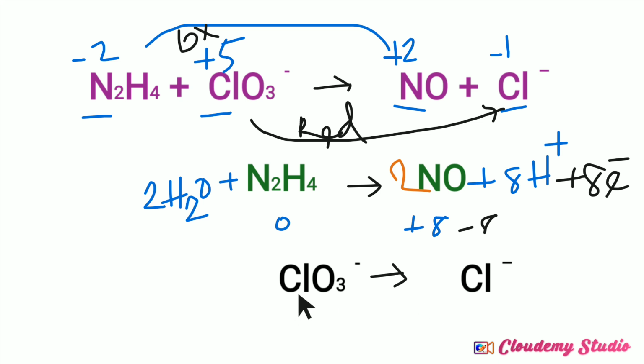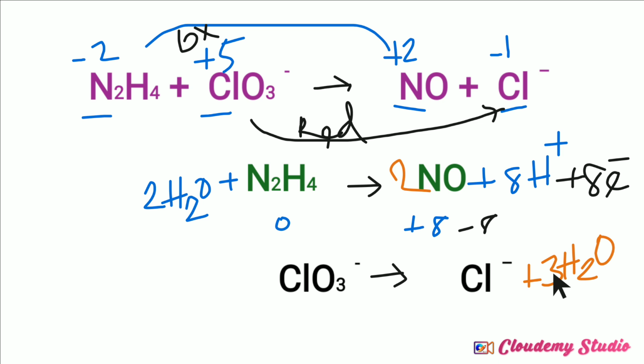In the reduction half reaction, chlorine atoms on both sides are equal. But on the left hand side, 3 oxygen atoms are there, and the right hand side has no oxygen atoms. So in order to balance these 3 oxygen atoms, we need to add 3 molecules of water on the right hand side. 3H2O are added.